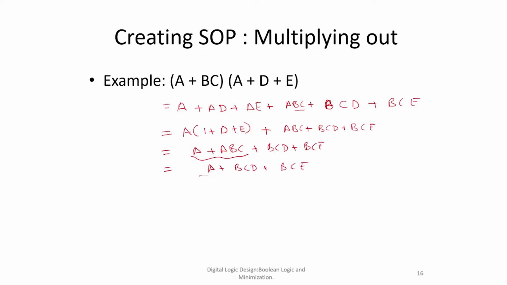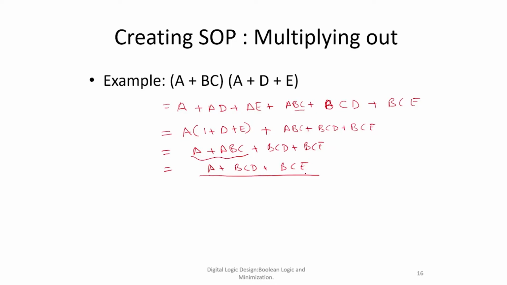So this would be the SOP form of this expression. So you see that this expression is neither sum of product nor product of sum, but after multiplying out we can create a good representation of this sum of product.